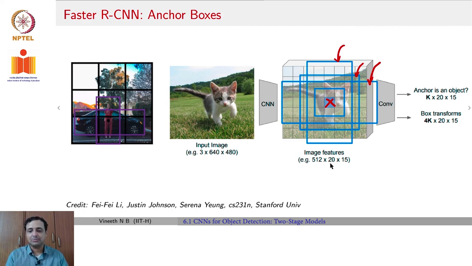And if you had your depth to be, if you had 512 cross 20 cross 15 to be your image features, then you're going to have k cross 20 cross 15 as the output. And you would have 4k cross 20 cross 15 as the bounding box offsets for each of these anchor regions. So this part of the network does do bounding box offset recognition or fine tuning, but it also checks whether a region is an object or not an object.